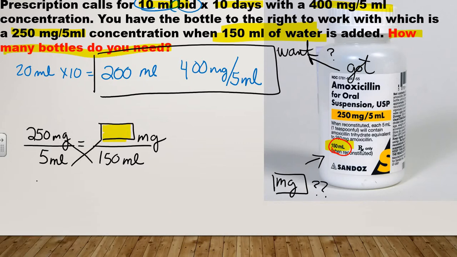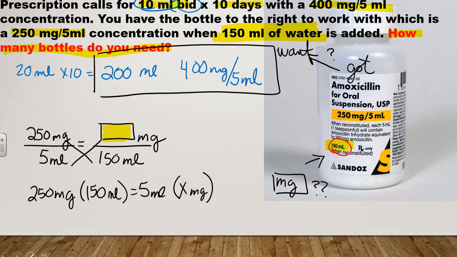So we cross multiply. We have 250 milligrams times 150 milliliters equals 5 milliliters times X milligrams. The opposite of timesing is dividing. So we're dividing by 5 milliliters. That cancels.